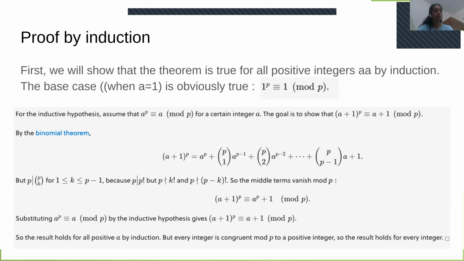So the result holds for all positive A by induction. But every integer is congruent mod P to a positive integer. So the result holds for every integer.